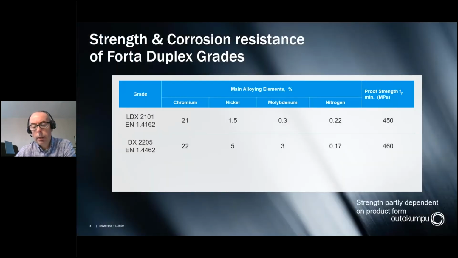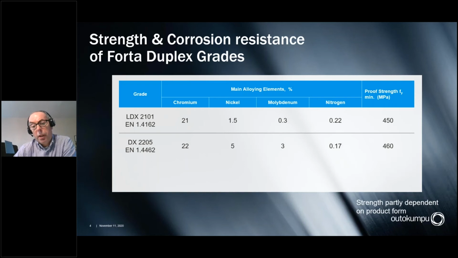And how we get the difference in corrosion resistance from a steel making perspective is basically to adjust the alloying element content. So the reason Duplex 2205 has better durability, better corrosion resistance, is that it has a higher chromium content and higher molybdenum content, and this is the main difference to getting the higher corrosion resistance.